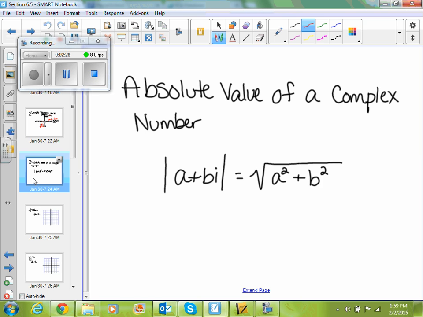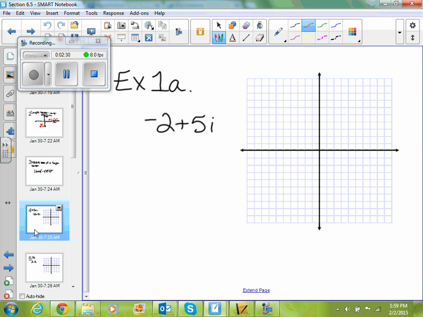Okay, so let's look at actually graphing some complex numbers and finding their absolute value. Alright, so your real axis is always your a-axis, which is your x-axis. And your b-axis is your imaginary axis, which is your vertical axis or your y-axis.